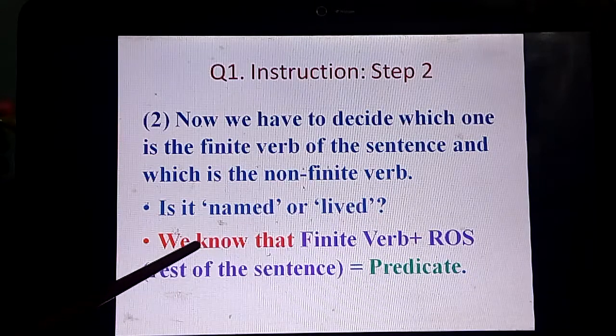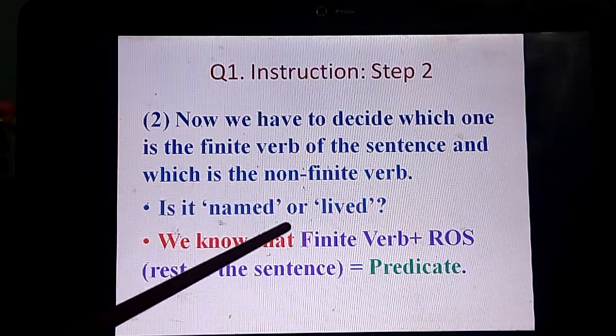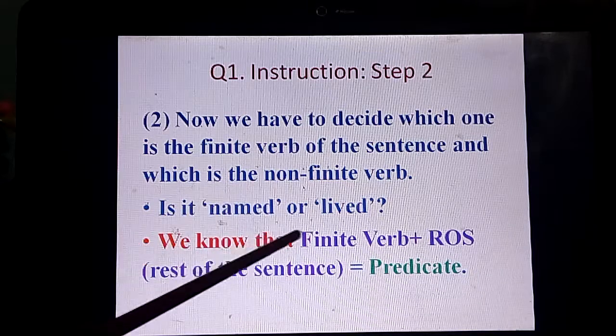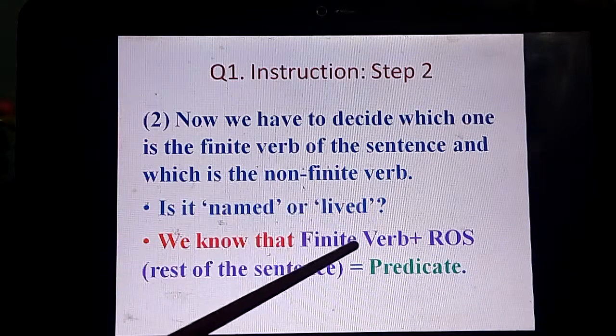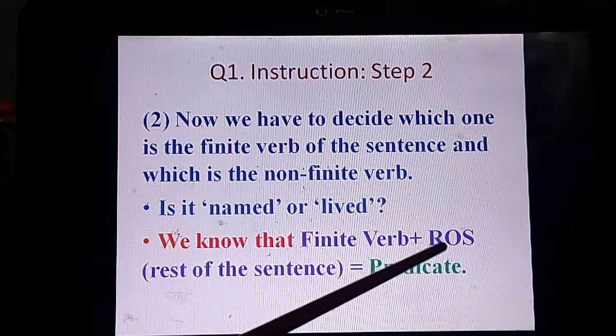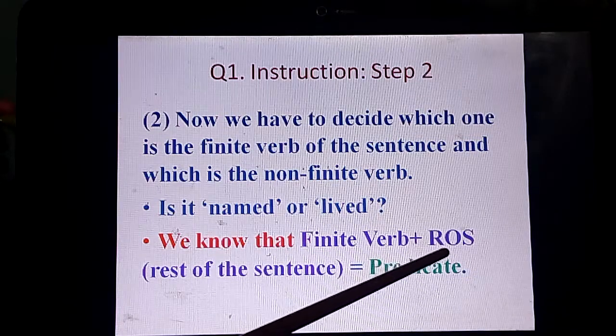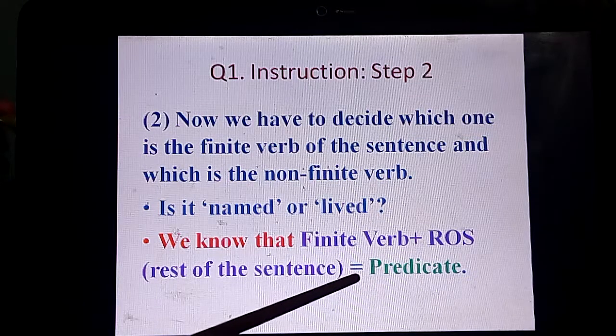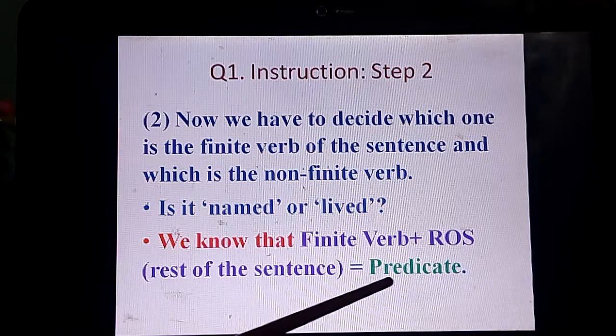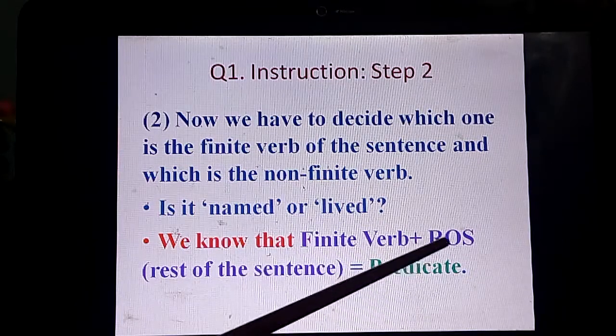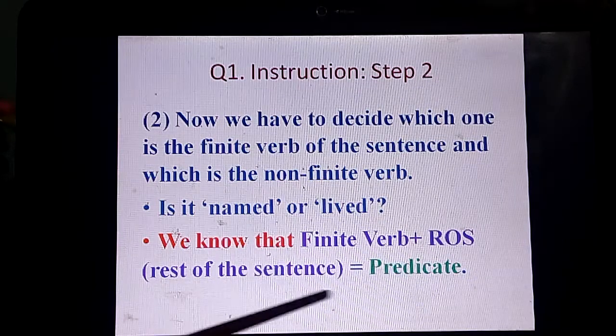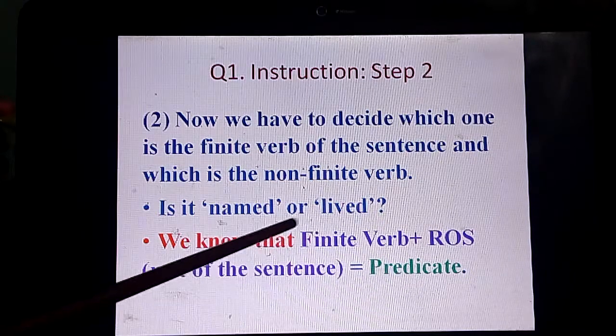We know that the sentence structure contains subject, then finite verb, and then the rest of the sentence, which is optional. And this whole thing, finite verb plus rest of the sentence, forms the predicate.